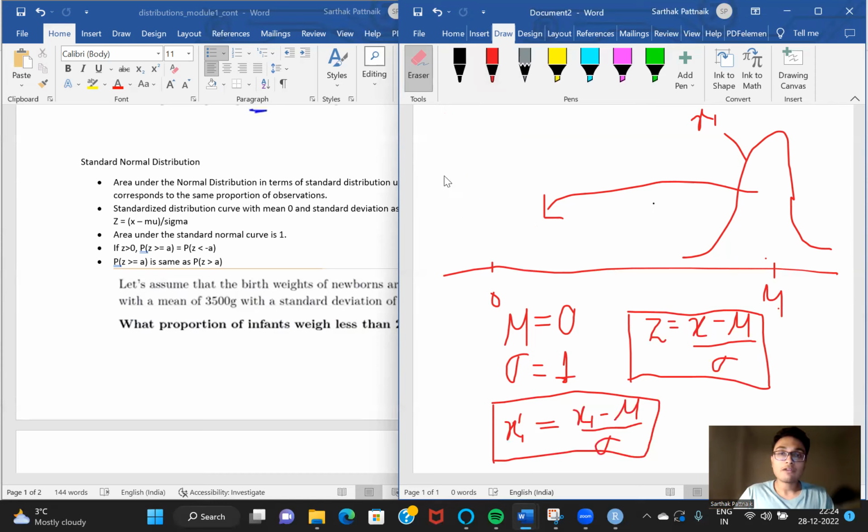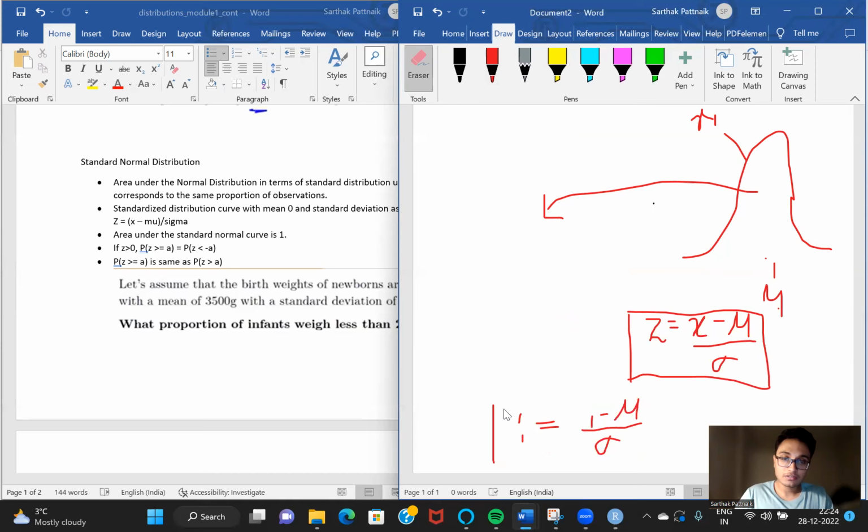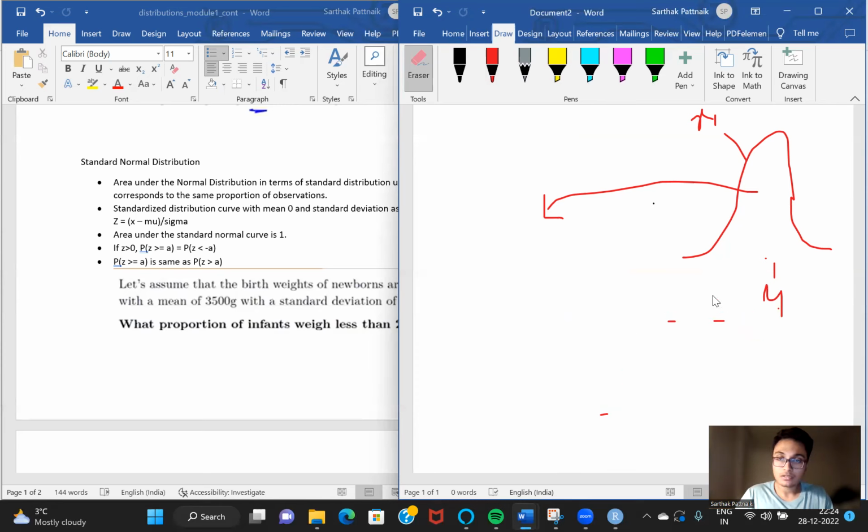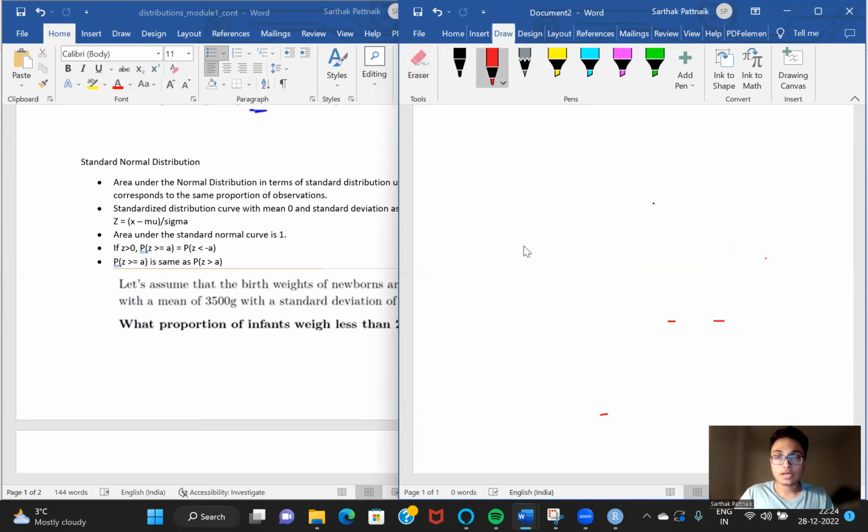Now, coming to a very fundamental utility of standardization, let me remove this. Now, let us say that there is a situation where I need to study two normally distributed curves, A1 and A2.